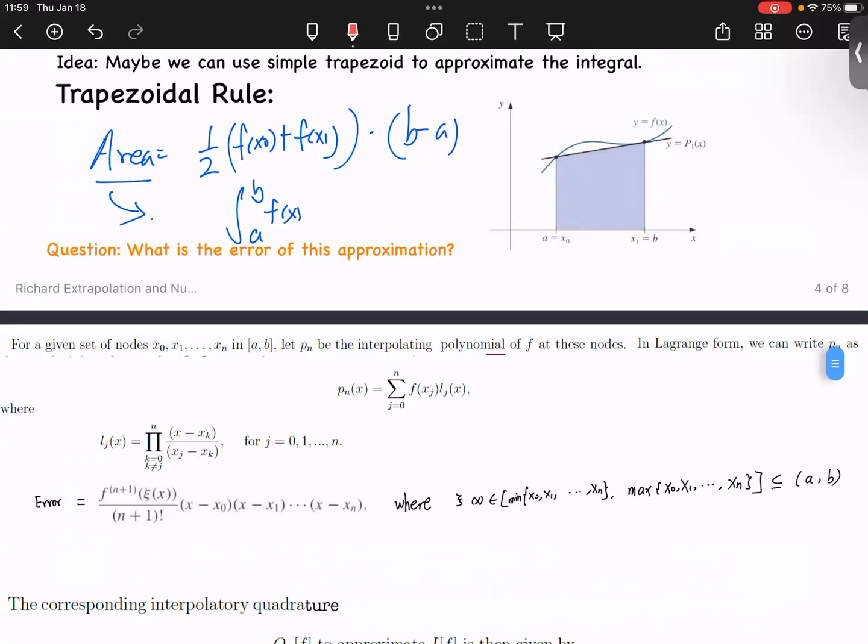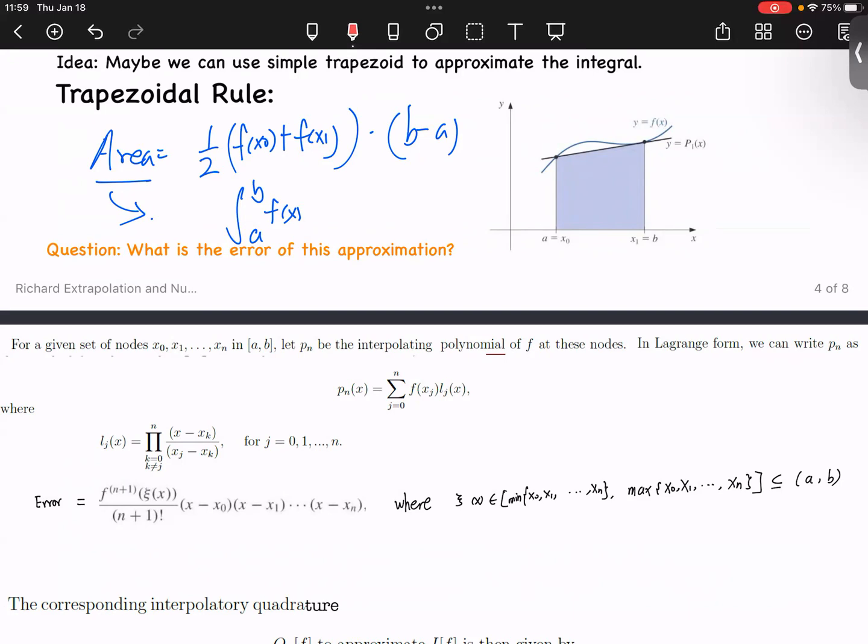This is something from your previous classes, the 104A. If we have n+1 node points, then the Lagrange interpolation is in this way. We have the basis function here, and then we have the coefficient, which is just f at x_j.